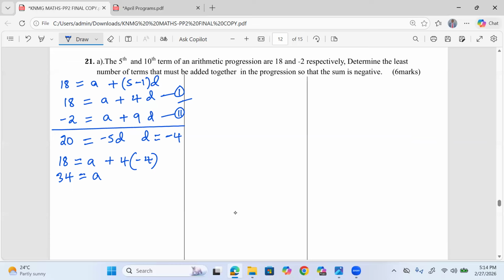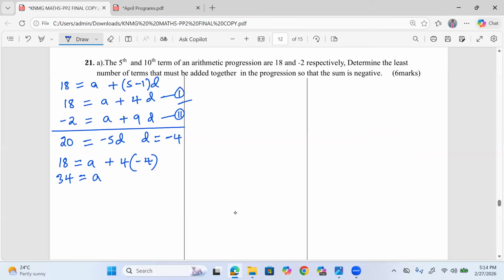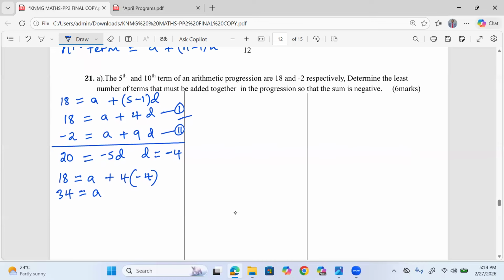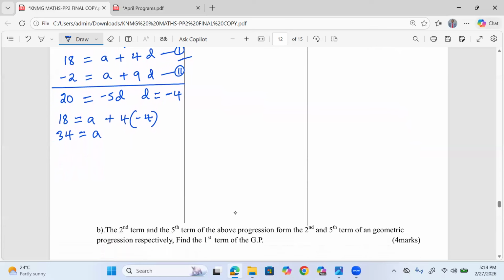But before it becomes negative, we know that the last integer for this sum to transition is 0. So can we check the number of terms that will give us a sum of 0? Remember, the sum of n terms is given by n over 2 into 2a plus (n minus 1) multiplied by d.